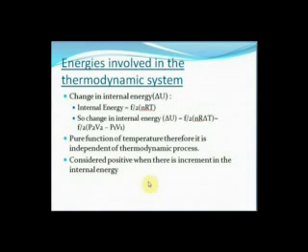The change in internal energy is considered positive when there is an increment in it. So suppose we have final temperature as T2 and initial temperature as T1, and T2 is more than T1, so we'll say that the internal energy has increased because the final internal energy is more than the initial internal energy.